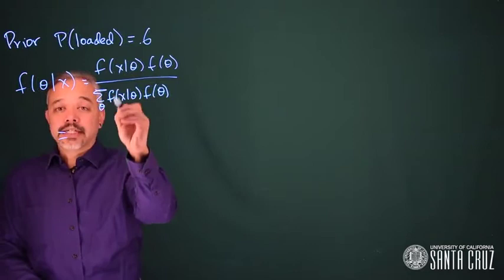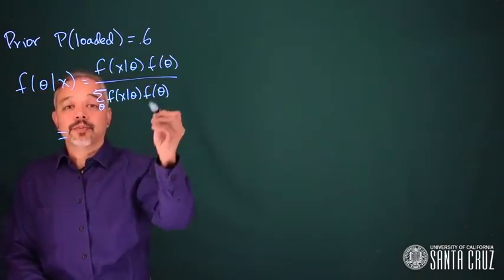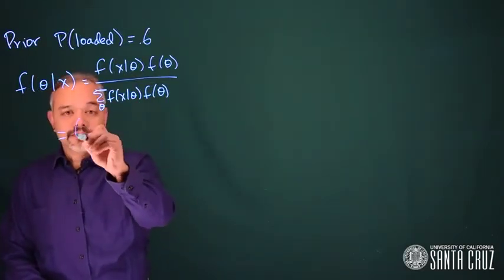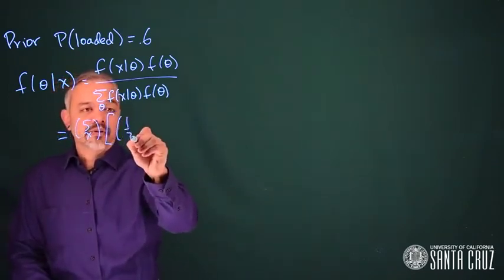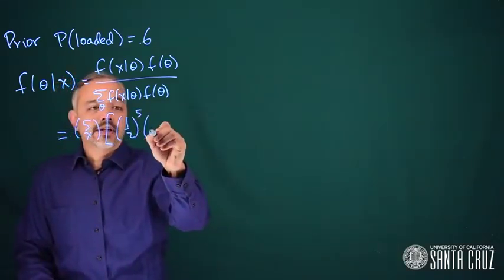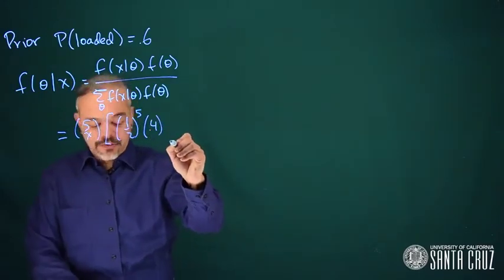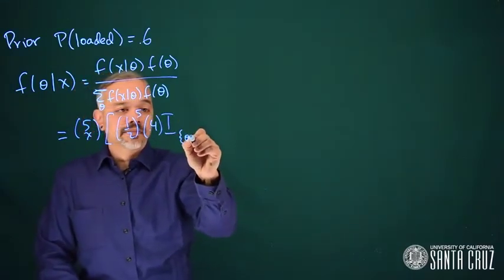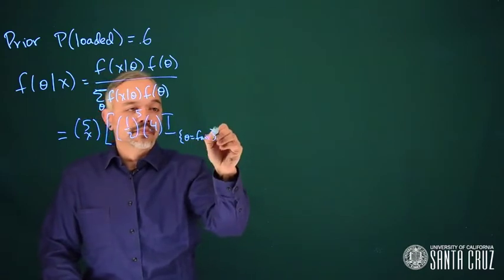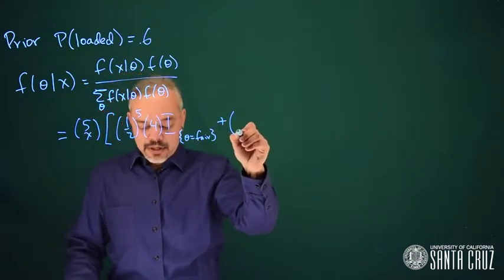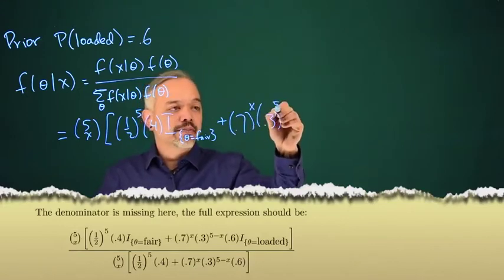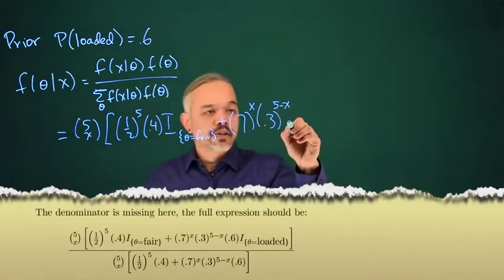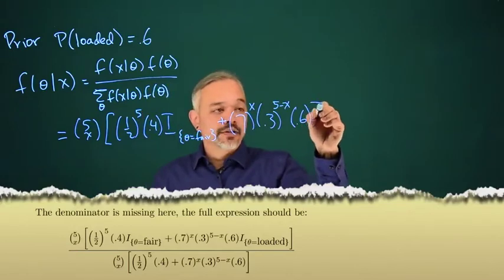So this likelihood is the same as what we saw before, but this time we'll be adding in the prior. It's (1/2)^5 times the prior probability that the coin is fair, plus 0.7^x times 0.3^(5 minus x), times the prior probability it's loaded.